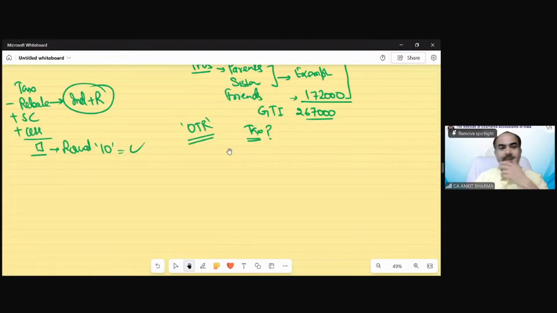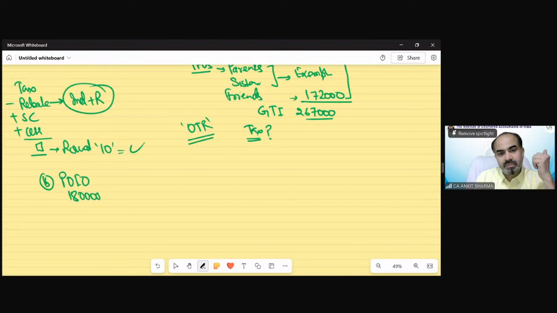Now you can see, because she is a person of Indian origin, as in point B, and her income from Indian source is 18 lakh, and she came to visit India, and there is no tax in USA.